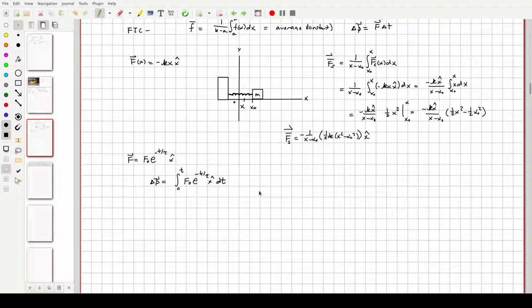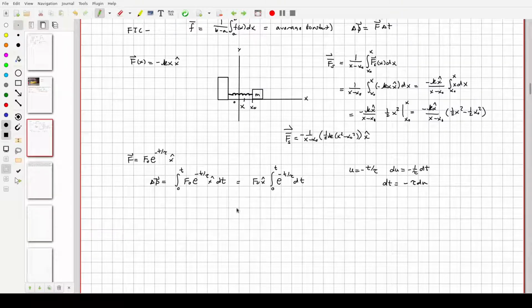would be this right here, which is what we'd be integrating. F naught and x hat are constants. If we do a quick substitution and say that u is equal to minus t over tau, then du is equal to minus 1 over tau dt, and every time I see a dt, I should put a minus tau du.